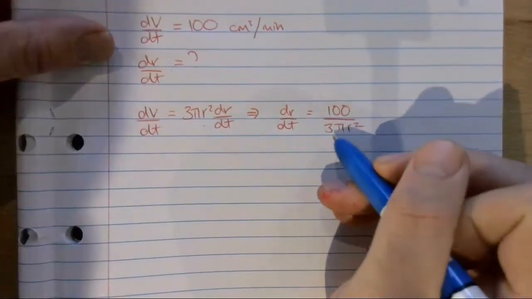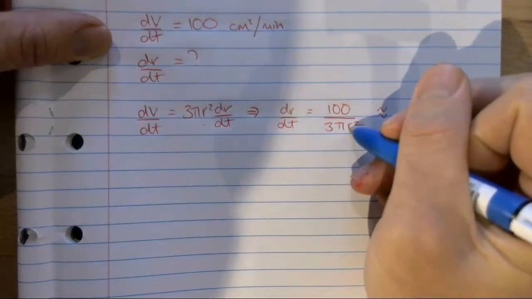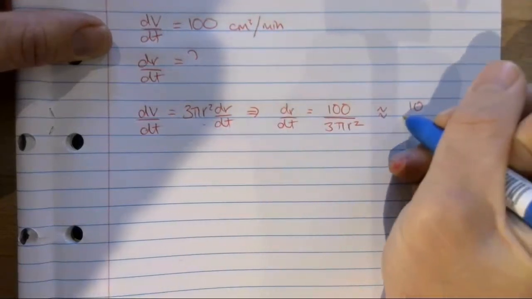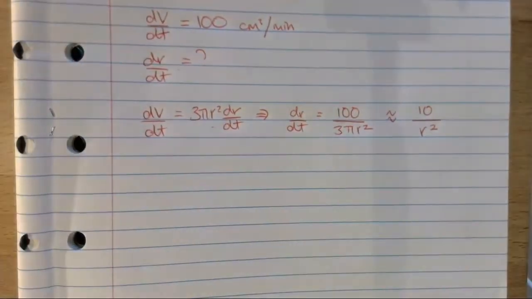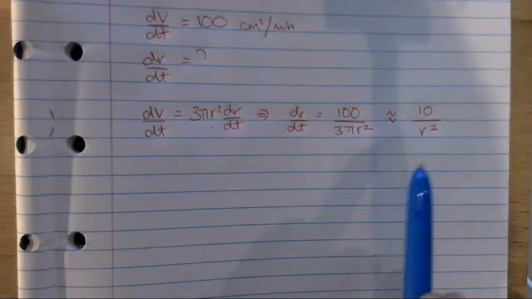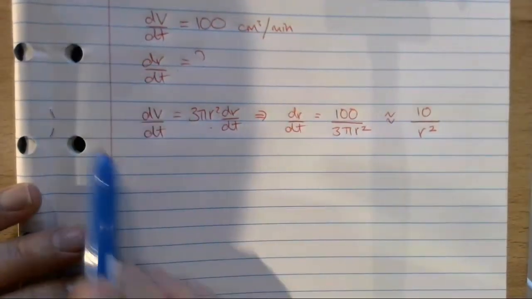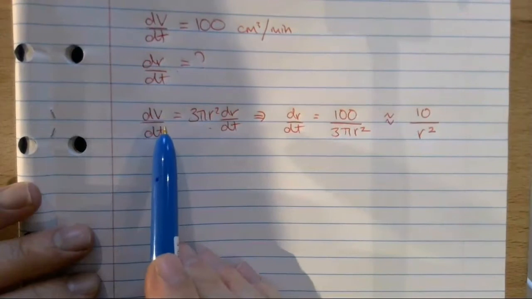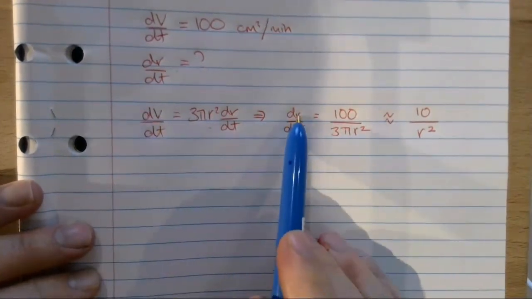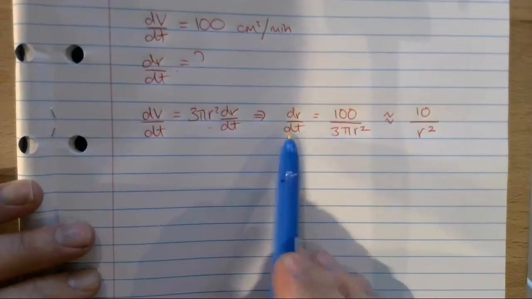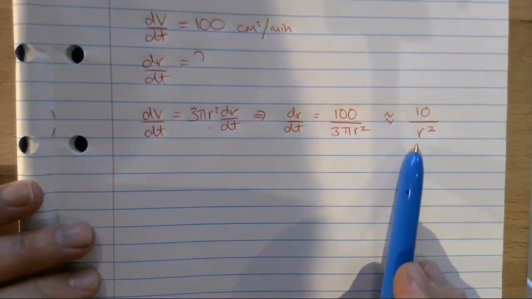What does that mean? Well, 3 pi, that's going to be very close to 10. So this is approximately 10 over r squared. Let's just sense that for a second. What this is saying is that if the flow rate, the amount of water coming into the cone, is constant, then the rate of change of the radius is really big when the radius is small, and that makes sense.